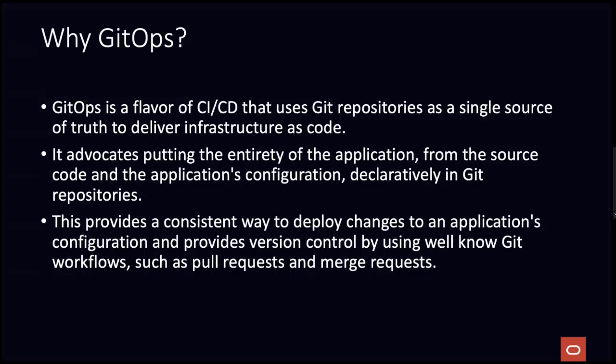If you have any changes, you can go into the application configuration and provide version control by using Git. With GitOps, it allows pull requests and merge requests, so we can work with it very easily.